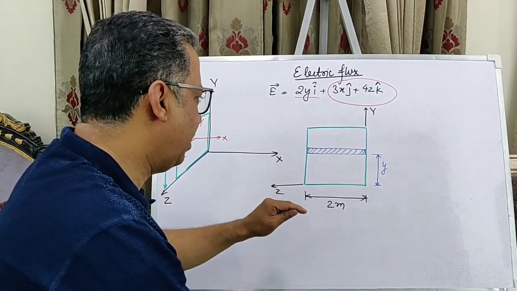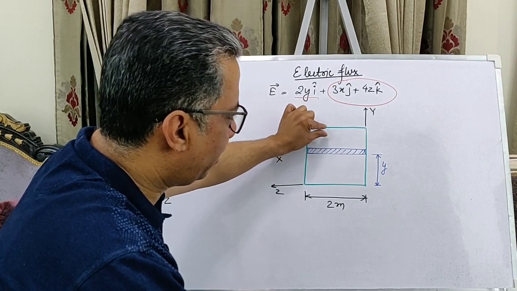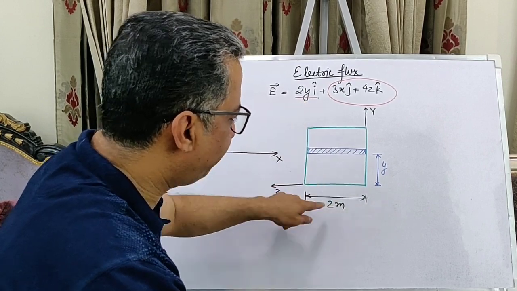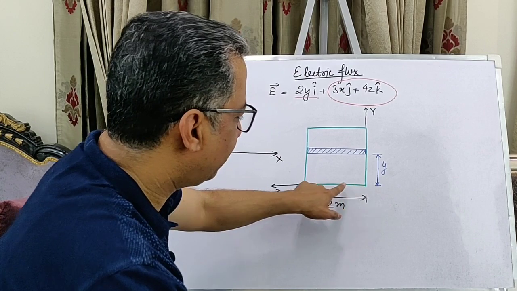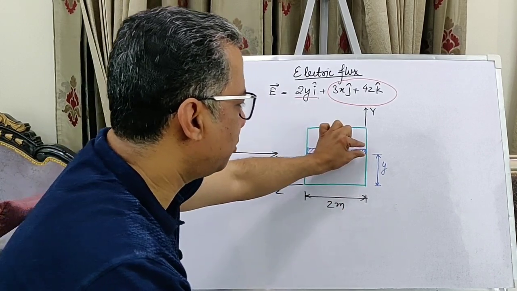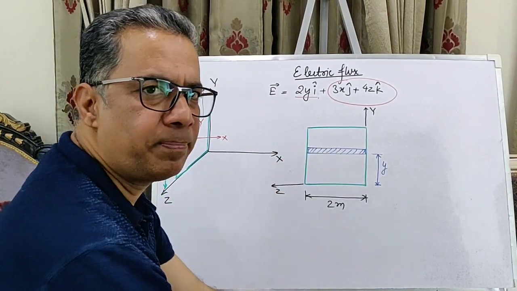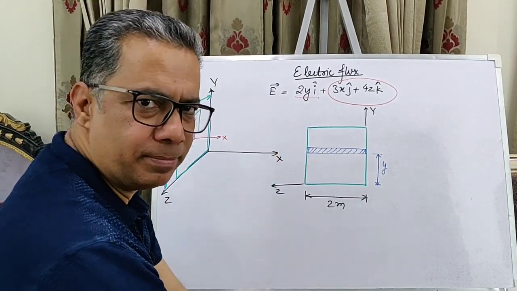And then what we'll do is we will consider all the area elements all the way from the bottom here all the way up to the top. We'll consider lots and lots of such strip shaped area elements. We'll calculate their flux and then do a summation.